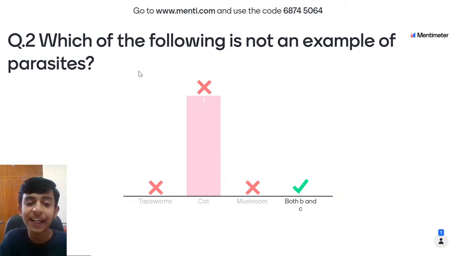Actually, cat has holistic nutrition but mushroom has saprotrophic nutrition. So the answer should be both B and C. Both of them are not parasites. Tapeworms are parasites. These are important MCQs that can be asked in your board exams, so you must have the knowledge.